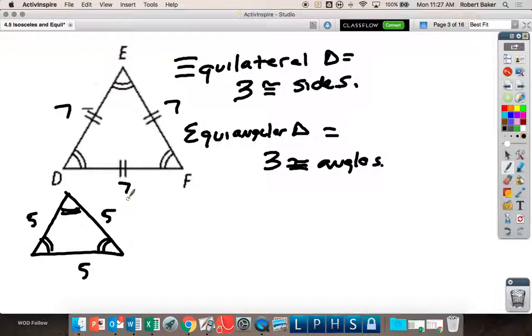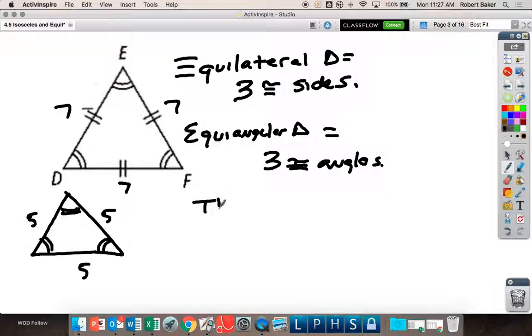Okay? Now, what else can we say about equilateral triangles and equiangular triangles? Is there anything else to say? Can you name a base and a vertex? Good.